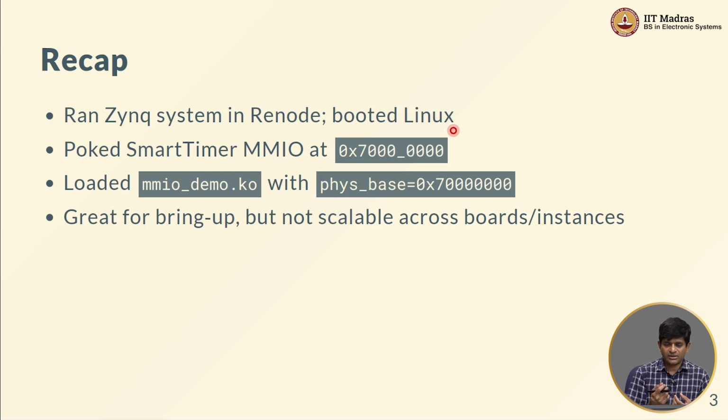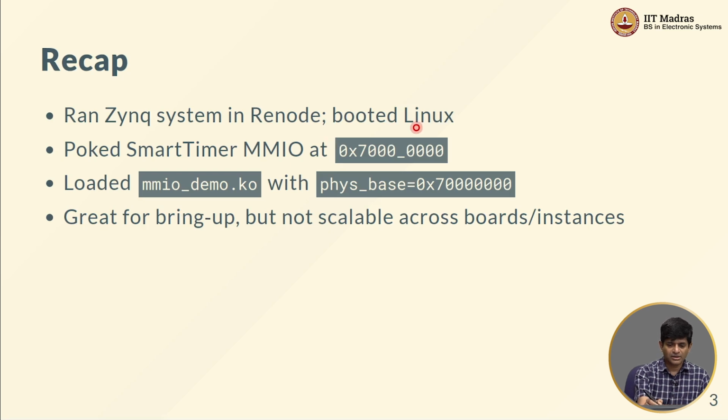So, we had a DTB, I didn't explain anything about it at that point, but it booted, and it turned out that using that same DTB and without mentioning anything about a smart timer, I could load in a so-called MMIO based device, a memory mapped IO based device. I had a custom module that I wrote, which is a toy module. All that it does is it assumes that there is an underlying storage available where I can write data and then read it back.